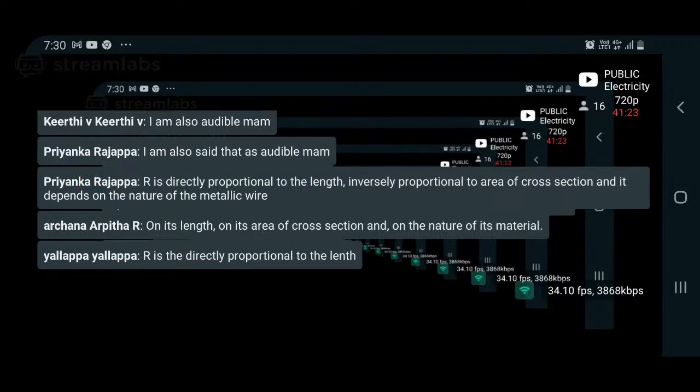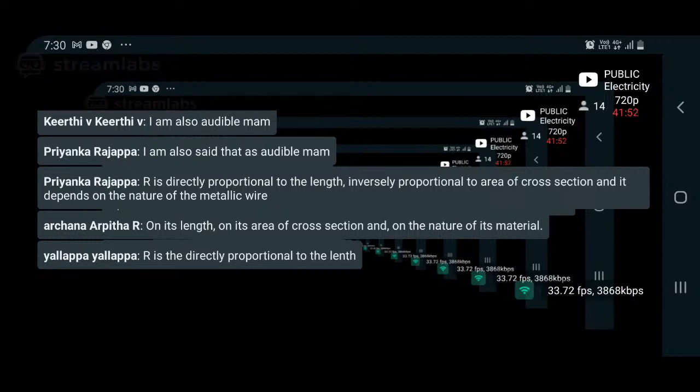And the next application question based on resistivity is why copper is usually used for electrical transmission lines. Why is copper used as electrical transmission lines? Because copper shows less resistivity and hence the conductivity is high.